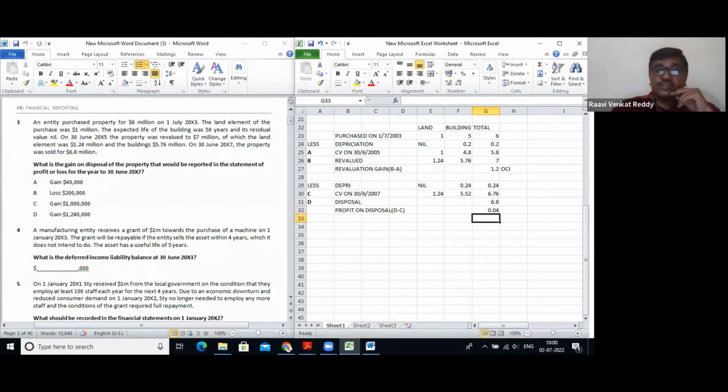So 0.04 is nothing but 40,000. This 40,000 is the gain on disposal, and we will account this in our statement of profit or loss. So this is about revaluation when an asset is revalued and an asset is disposed. I believe the property, plant and equipment accounting standard 16 is clear, participants.